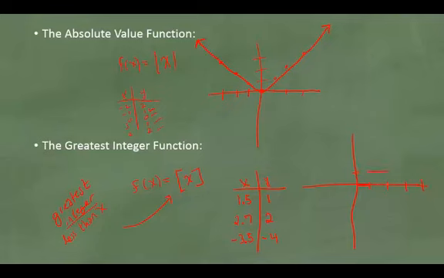For all the numbers between 2 and 3, the greatest integer is 2, etc. So it kind of looks like a little step ladder. That's the greatest integer function.